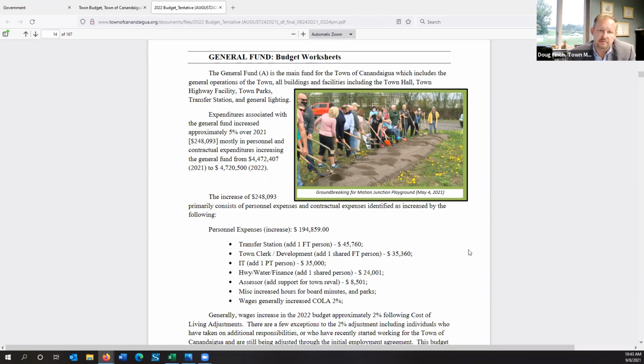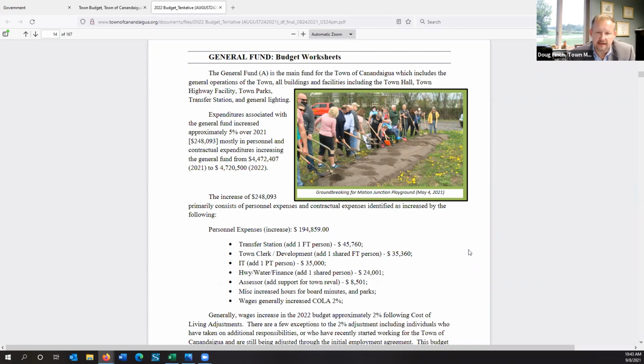This first page here on page 14 talks about our general fund. General fund, the A fund, is what it's referred to as the main fund. That's where things like parks, the transfer station, town hall operations, highway striping, and the lights on State Route 332 all would come under the general fund operations.